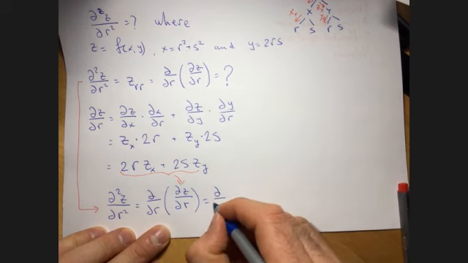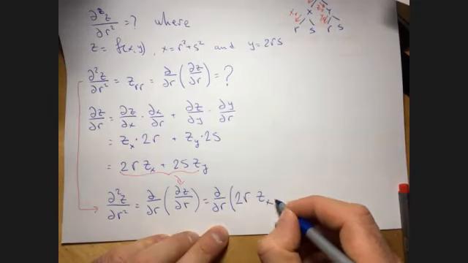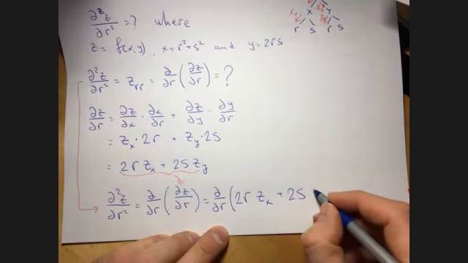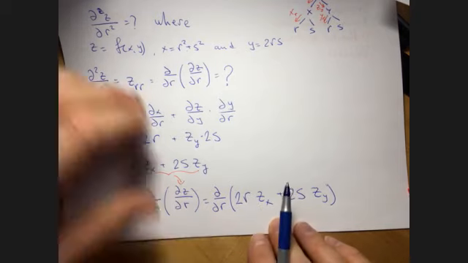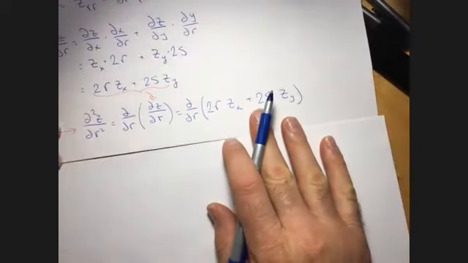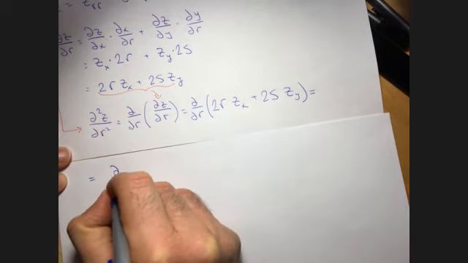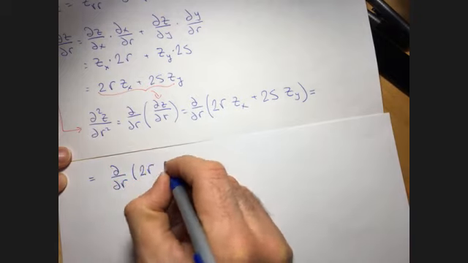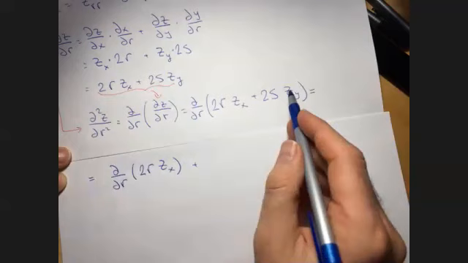So that becomes the derivative of 2r partial z partial x plus 2s partial z partial y. Now what do I have? I have a derivative of a sum, and we know that the derivative of a sum is nothing else but the sum of the derivatives, right? So this is equal to the derivative of this expression plus the derivative of this expression.